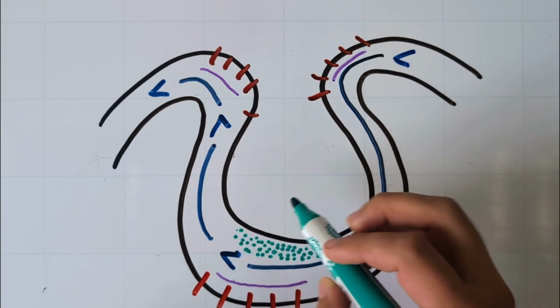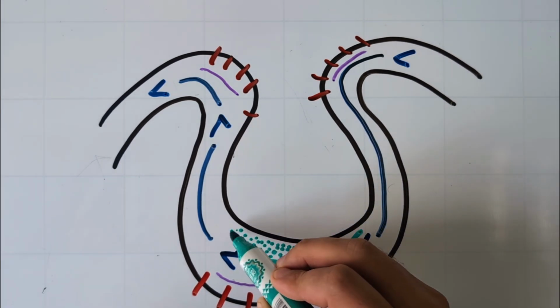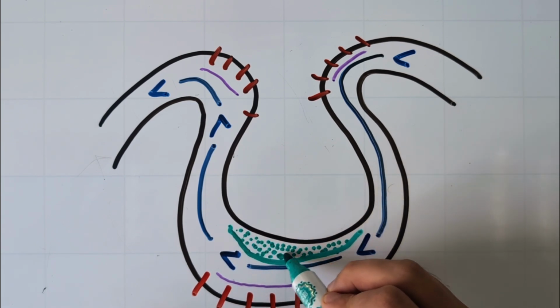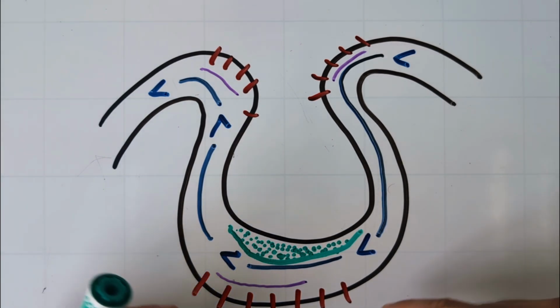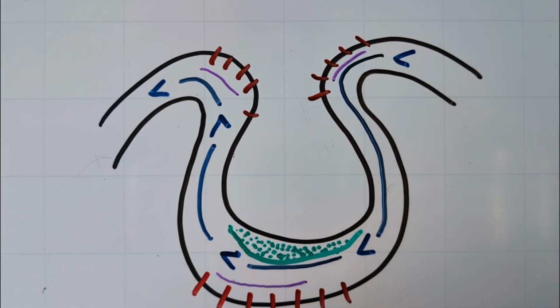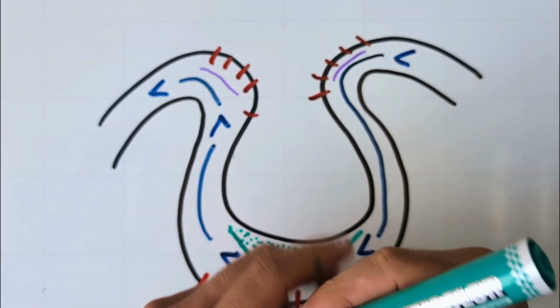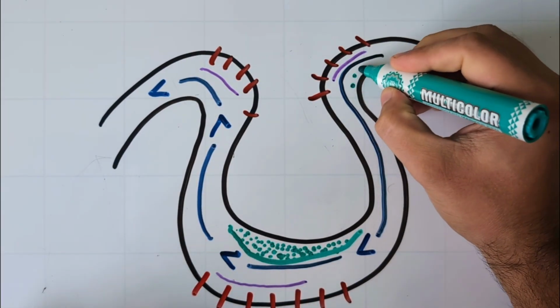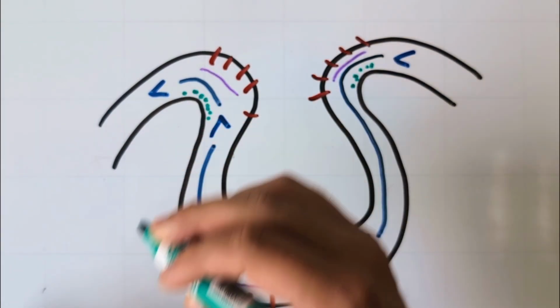So that's another key thing that you have to know. On the inside of a meander, you are going to see deposition, whilst on the outside bend of the meander, you're going to see erosion. Okay, so it's going to grow this way, and it's going to grow this way because deposition is also taking place on this inside bend and this inside bend.